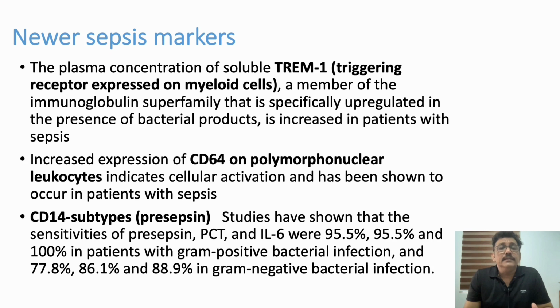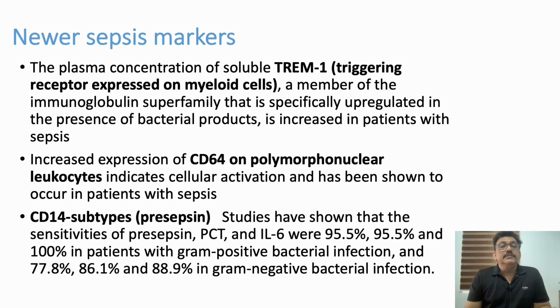There are other markers. They are not very important for today's clinical practice, because they are not available everywhere. They are all in primitive states. There is the triggering receptor expressed on myeloid cells, CD64 on polymorphonuclear leukocytes, and the CD14 subtype, that is presepsin.